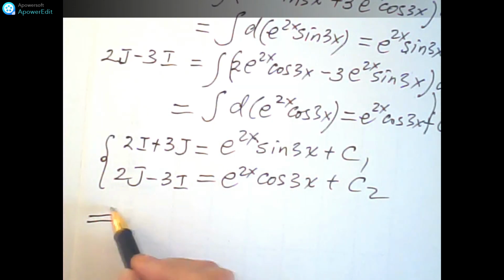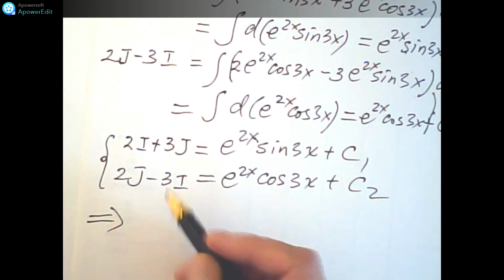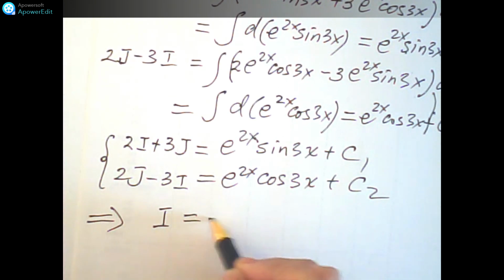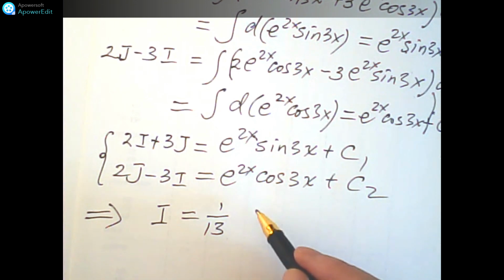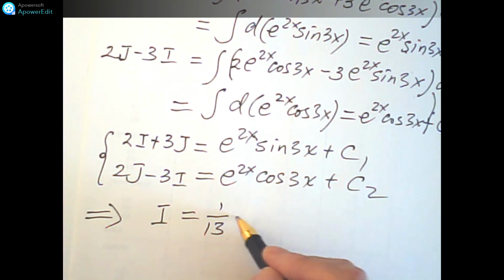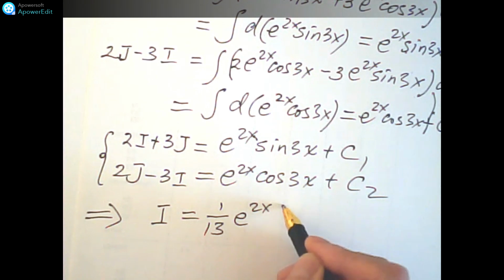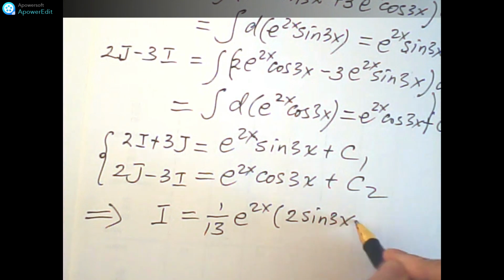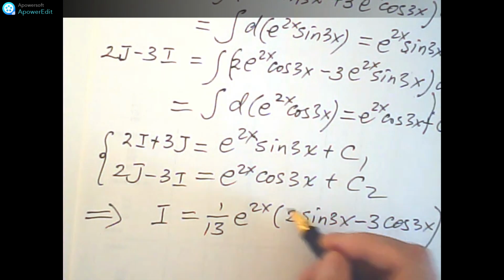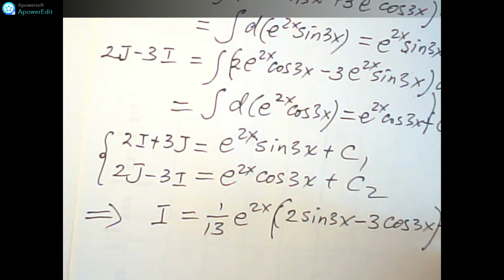So when you solve these two, I get I, and I is equal to 1 over 13 e to the 2x, 2 sine 3x minus 3 cosine 3x plus c. See?